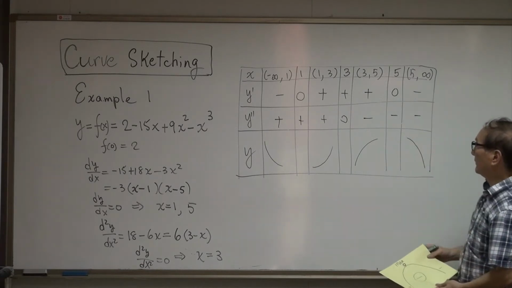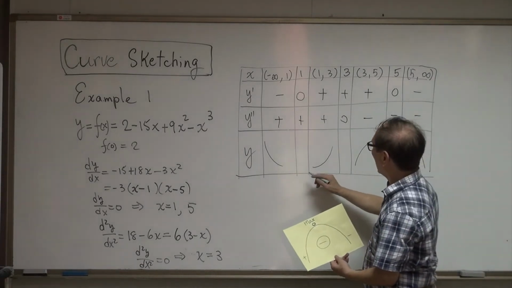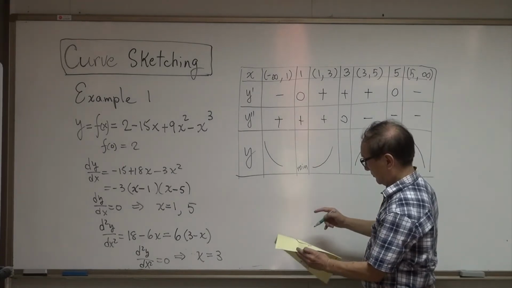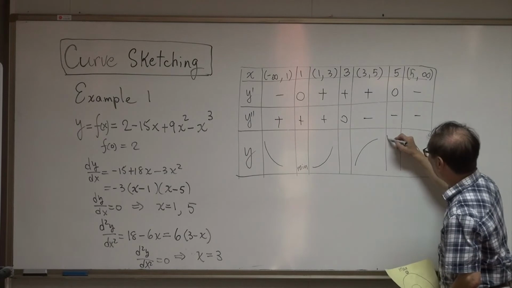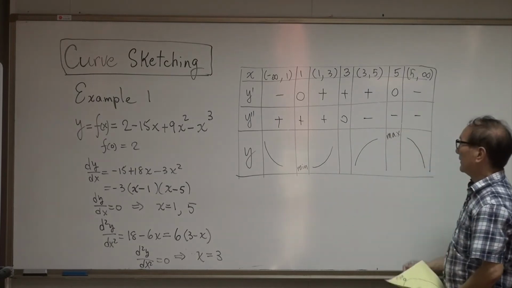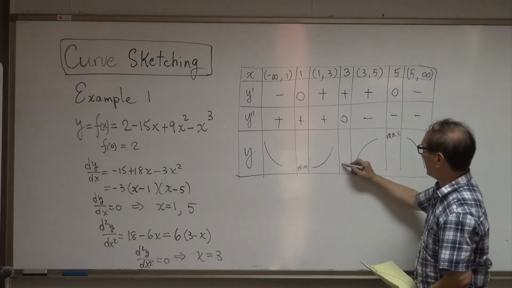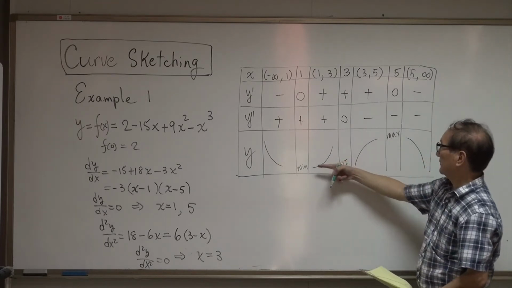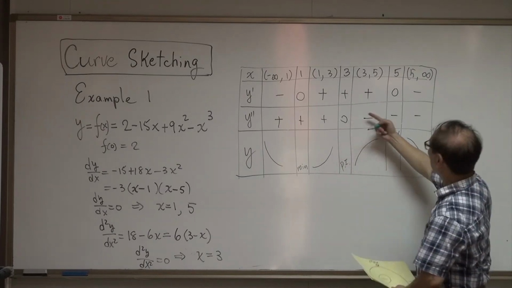Alright? Obviously this is a minimum, right? And obviously this is the maximum. And obviously this is a point of inflection, because increasing like this, increasing another way.